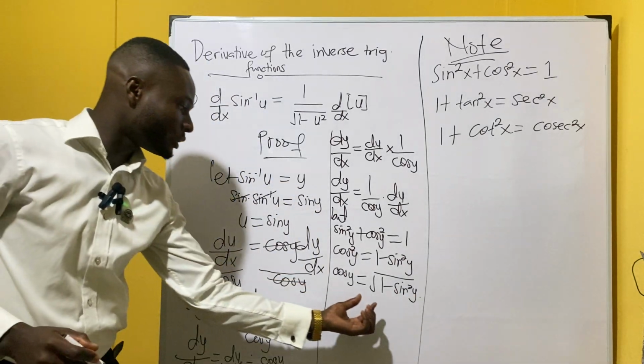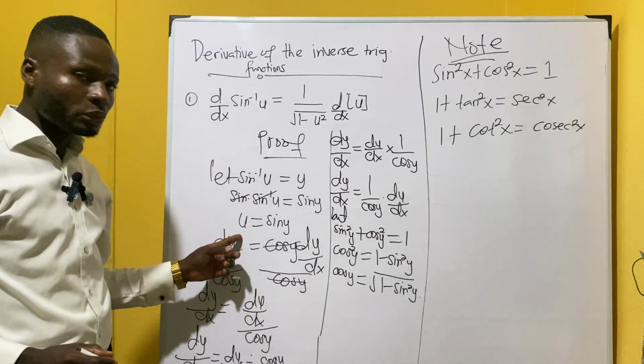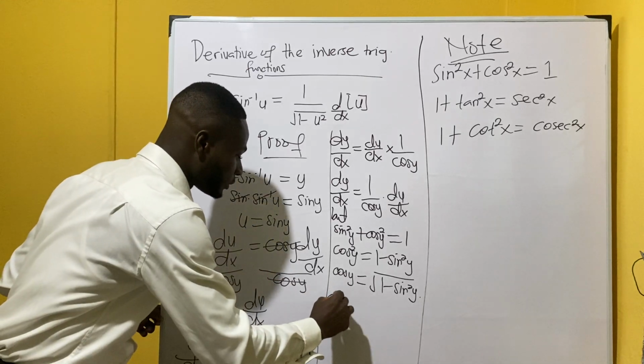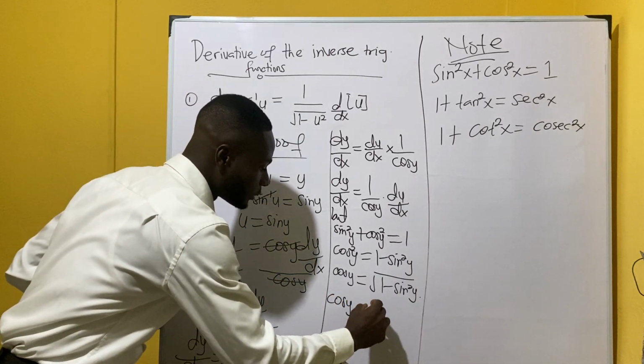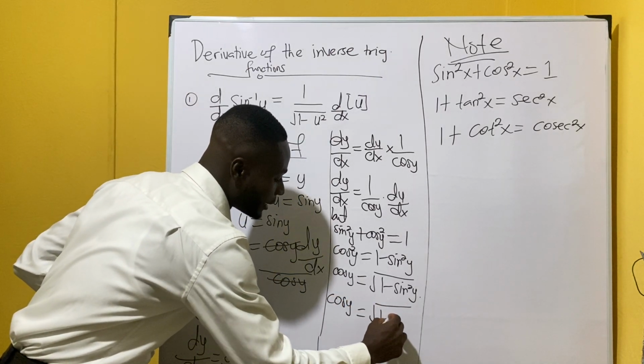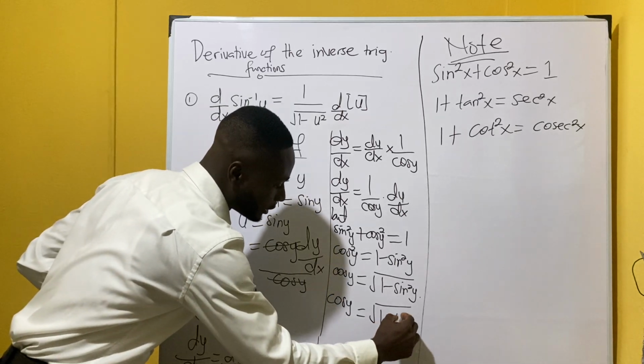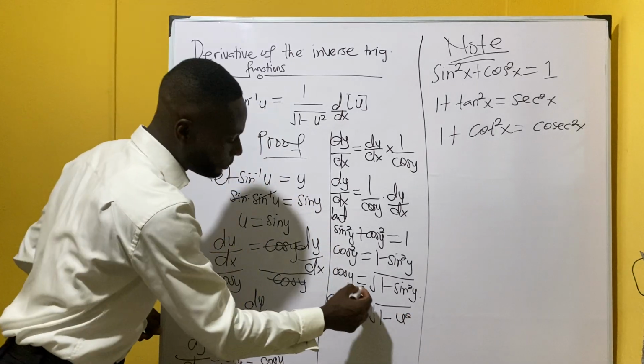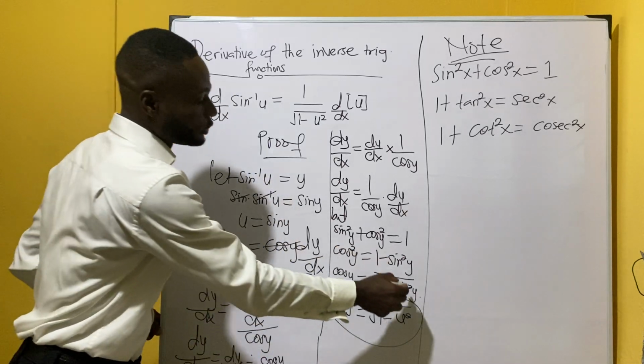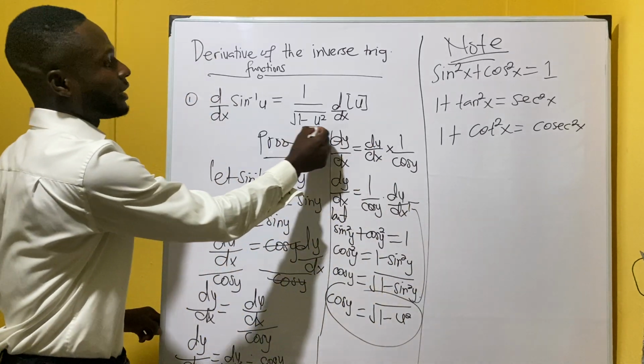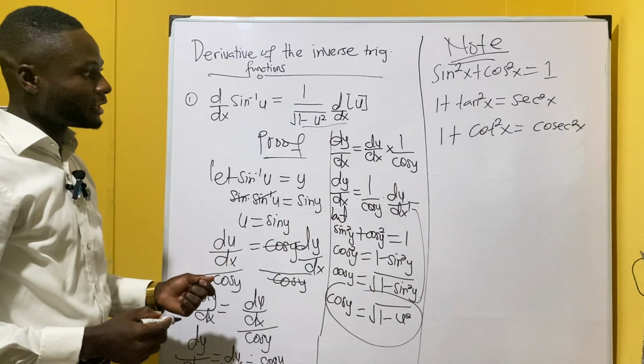But earlier notice we said that sine y should be u. So we have cos y equals the square root of 1 minus u squared, right? So we put this into this, then we arrive at the right proof, right?